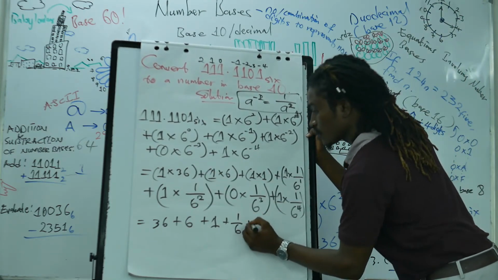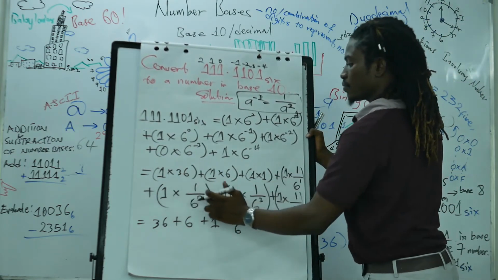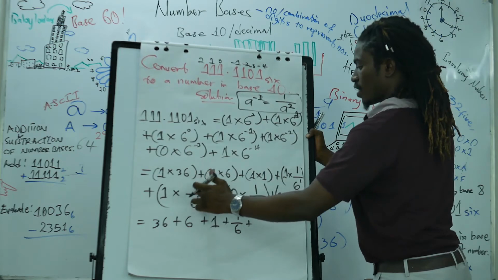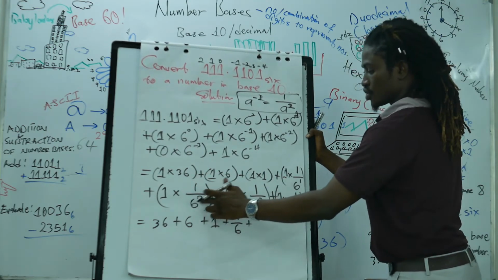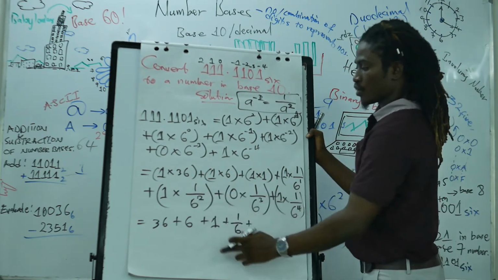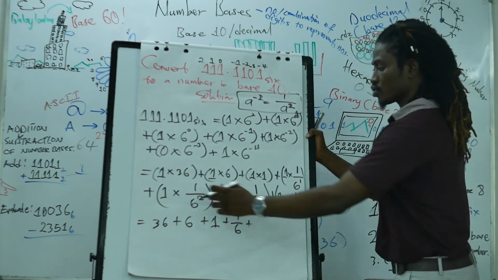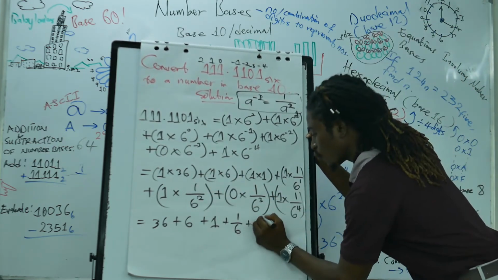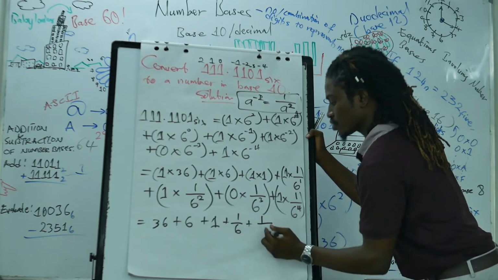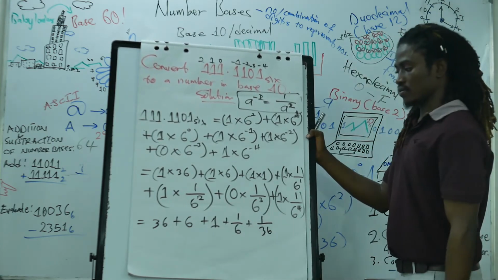Next one, we have 1 times 1 over 6 raised to the power 2. 6 raised to the power 2 is 36, so this is 1 times 1 over 36.